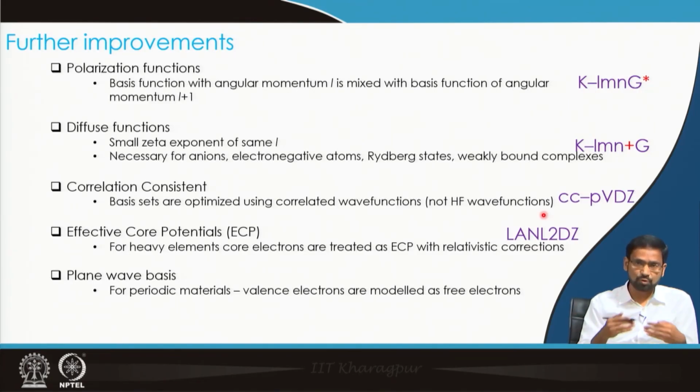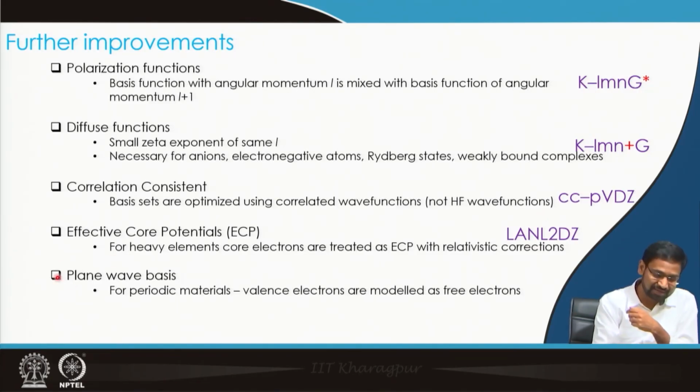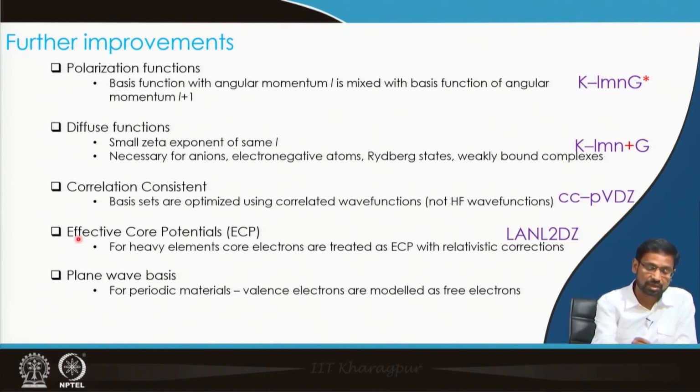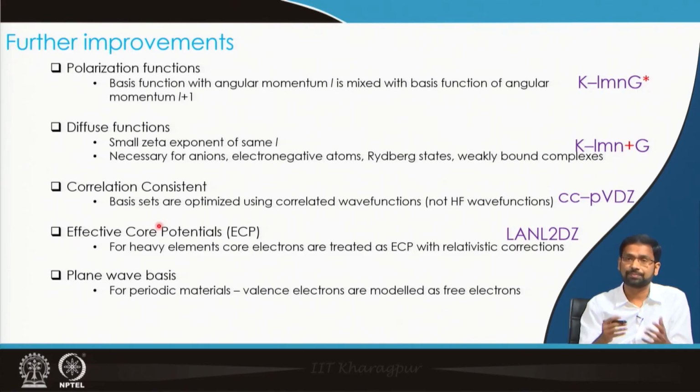So, to treat those kinds of systems, we have a completely different set of basis functions. They are called plane wave basis functions. In condensed matter theory, you require plane wave basis functions for those kinds of systems. But for molecular calculations, we can live with the basis functions that we have discussed.